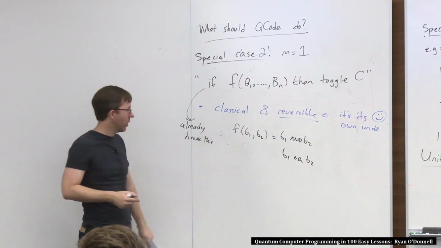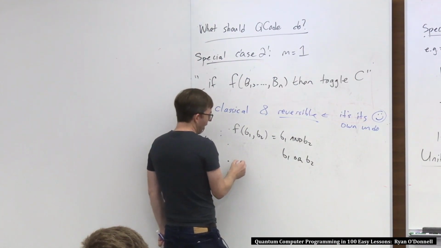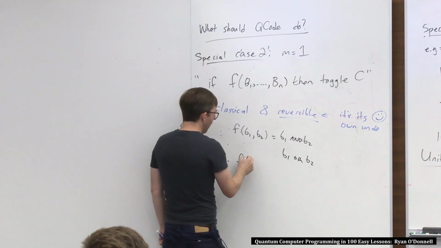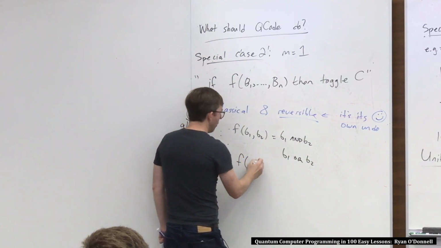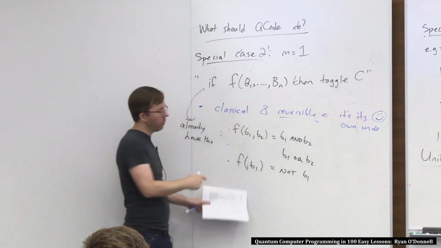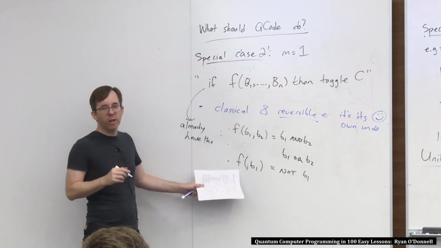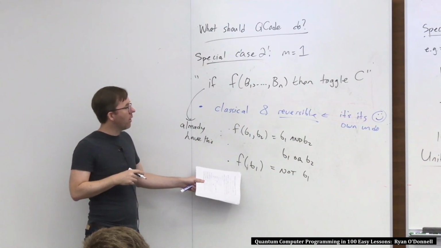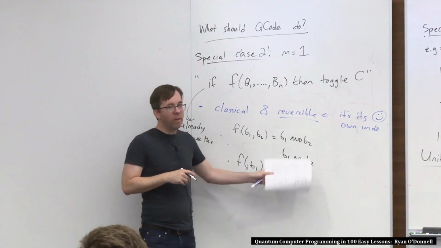So now we have this instruction. I also asked you on the homework to do f of b1 is not b1. Now this one's actually reversible, so we could have used special case 1 here. But you also saw that you can make if not b1, then toggle c.